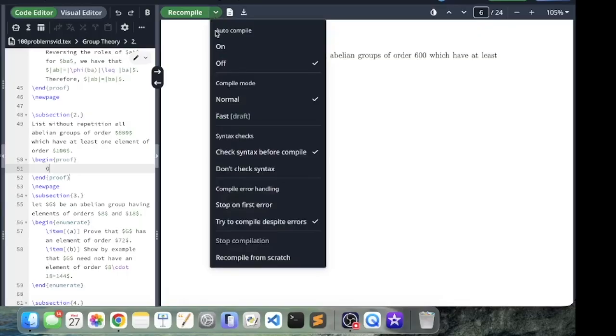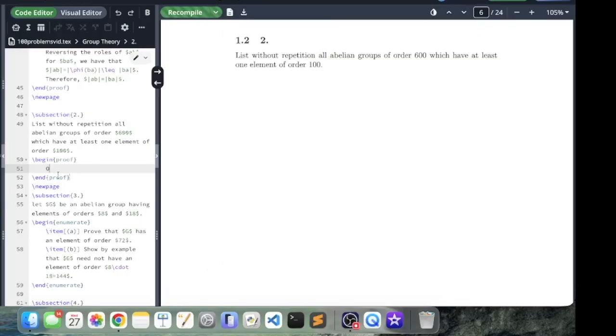Let me try turning on auto compile, see if that does anything. We can observe that... let's see, 600, what is that equal to? It's definitely 6 times 100, and 100 is 2 squared times 5 squared.